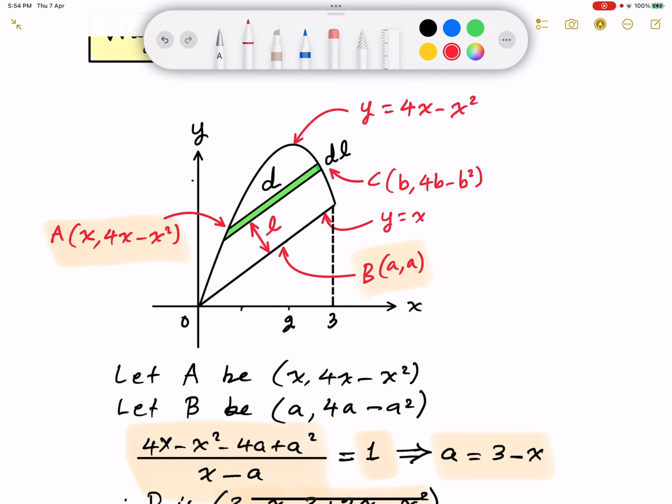And hold on, let me find the coordinates of the point C. The coordinates of the point C are the following.